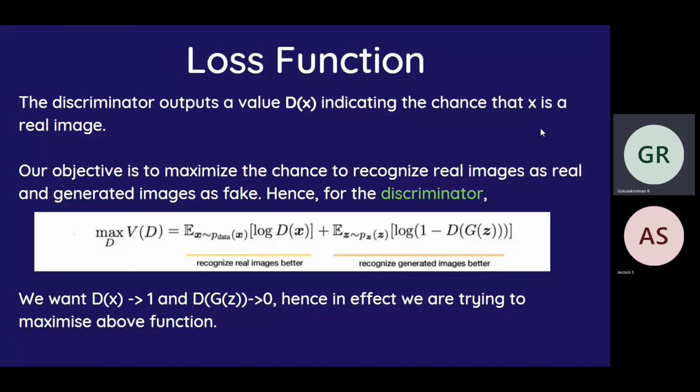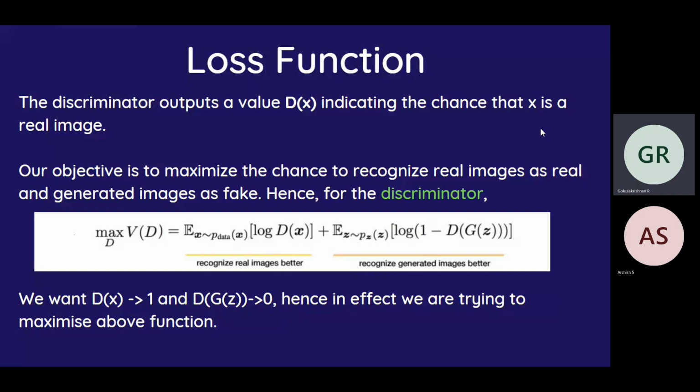And you can see there's a D of G of z there. G of z, you might remember, z is the latent vector, so G of z is the fake generated by the generator. And D of G of z is the probability that the fake image is classified as real.